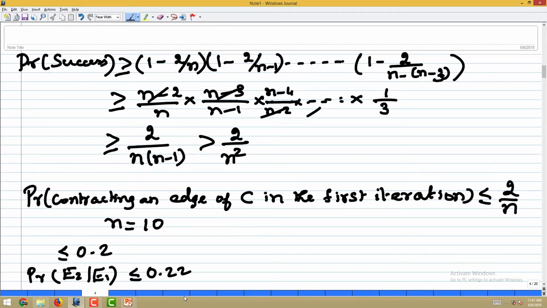When you have only 3 nodes and some edges, the probability of contracting a min cut edge is higher, correct? So when I reduce to a 2-vertex graph, the probability of contracting a min cut edge slowly increases.